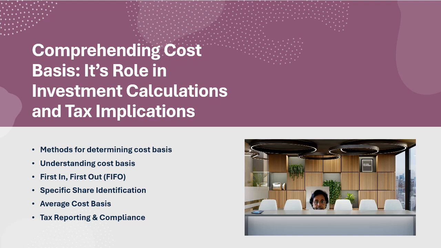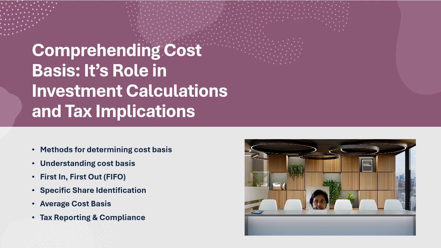In rising markets, FIFO can result in higher capital gains as the oldest shares, often bought at a low cost, yield more significant profits. However, this may lead to higher tax liabilities.